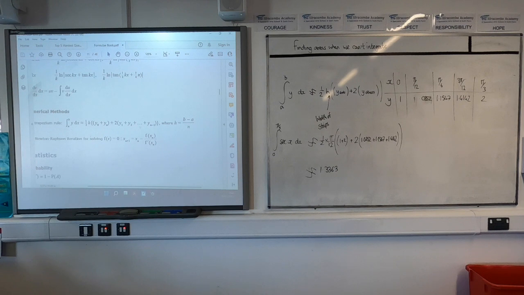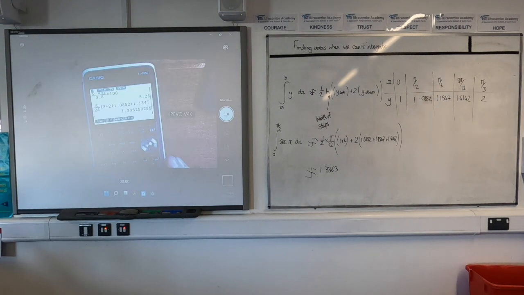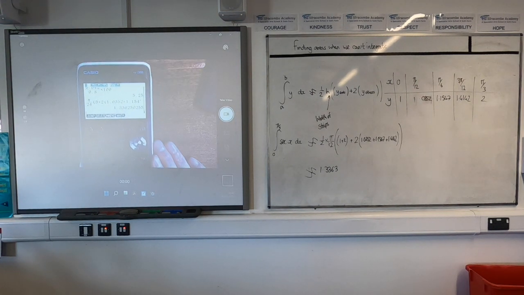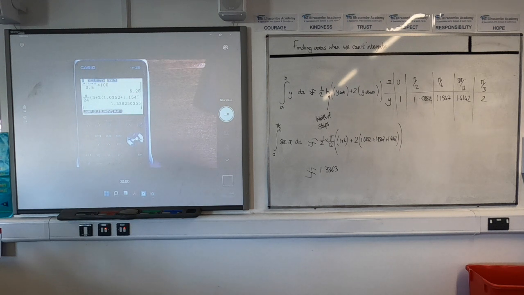We won't in this case, but one thing I can do is to use the integration function on my calculator, which we haven't really talked about for a while, but if you go to Math and then press the arrow key, you've got this integration function. So I can integrate 1 over cos x.